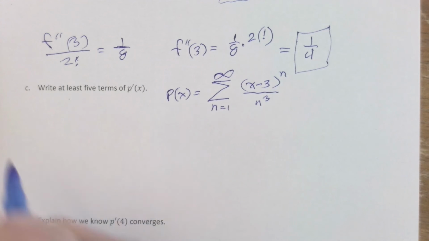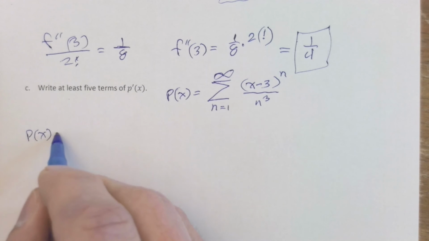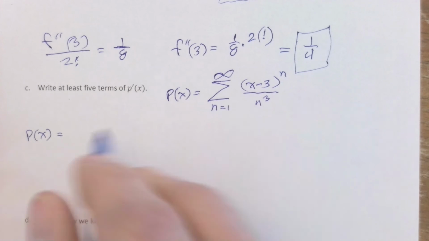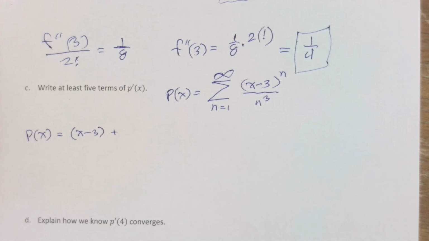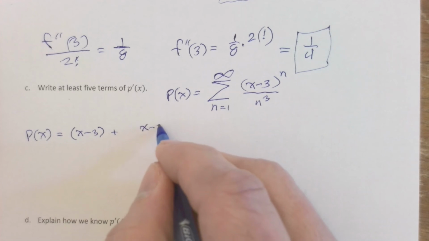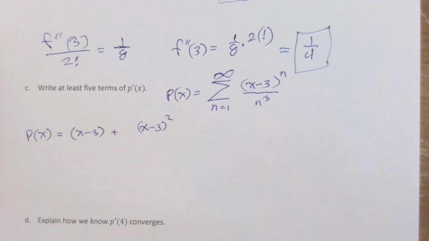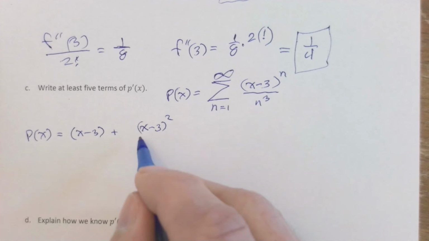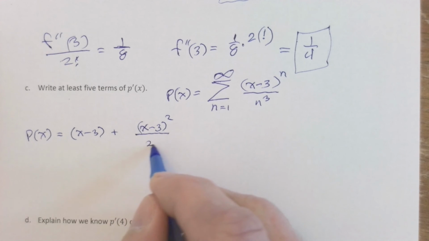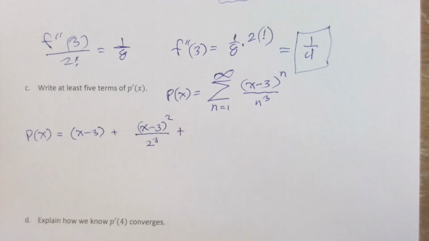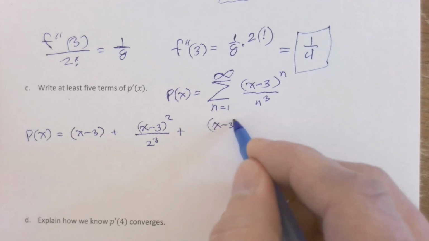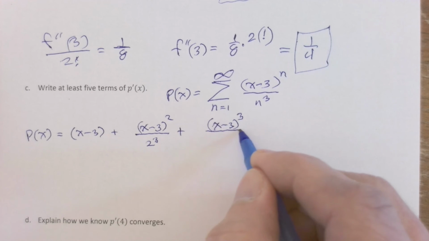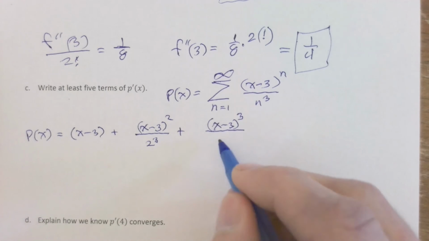So let's write out some terms of p of x. P of x is, when I plug in a 1, x minus 3. When I plug in a 2, I get x minus 3 squared over 2 cubed. Yeah, we've already seen this, haven't we? But let's write down some more terms. Plug in a 3, x minus 3 cubed over 3 cubed.